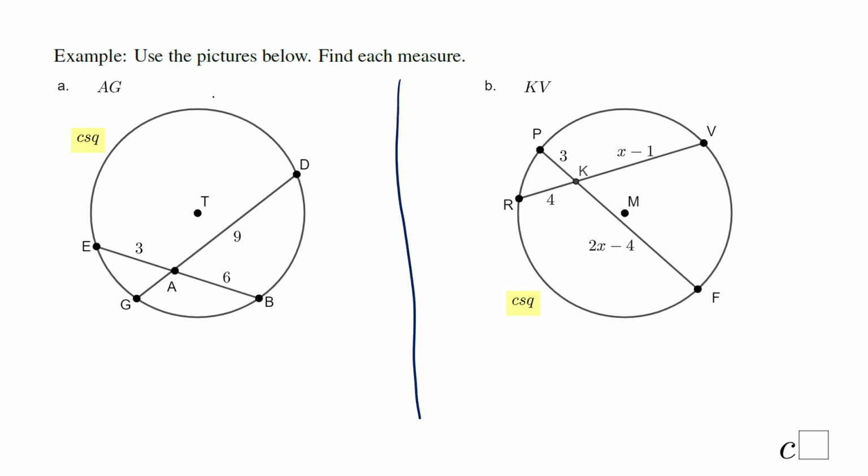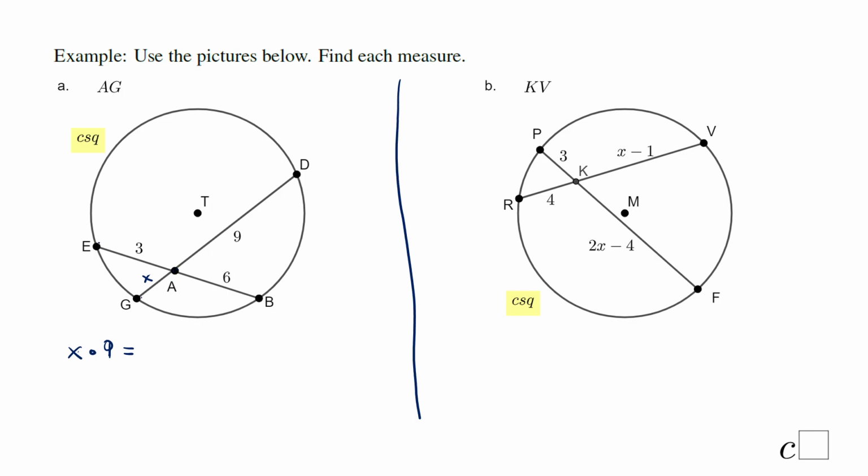On this part A, we need to find AG, so I'm going to call this X. And you notice here now, I'm going to use the property: AG, which is X, I'm going to start with X, times what? Times AD, which is 9, equals what?